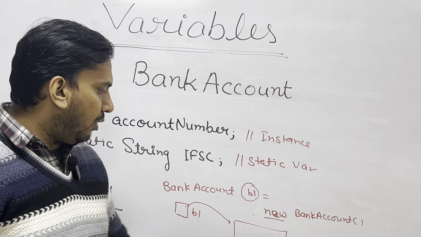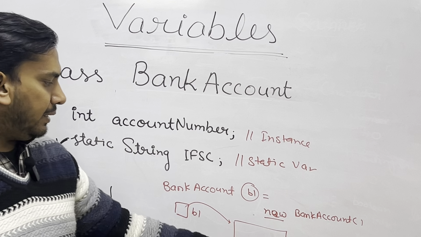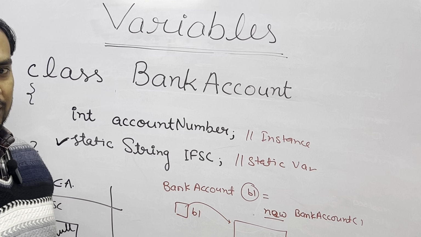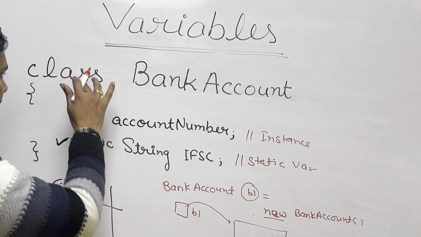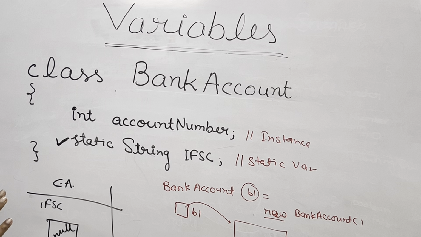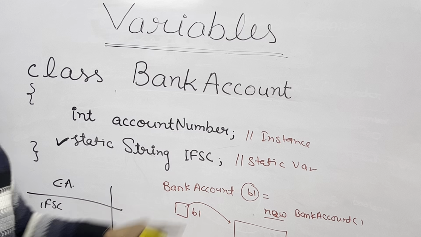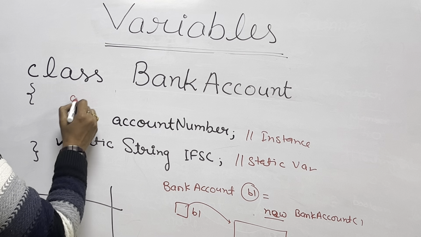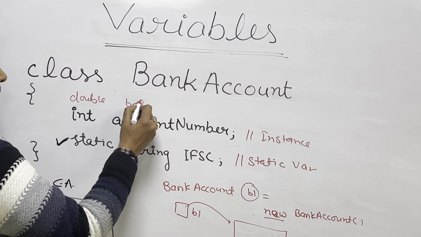And in this object, what will be created? All the instance variables will be created inside this object. The constructor will look into your class to see what is there as an instance member. Only one, accountNumber. Let us say I am creating one more instance variable, double balance.